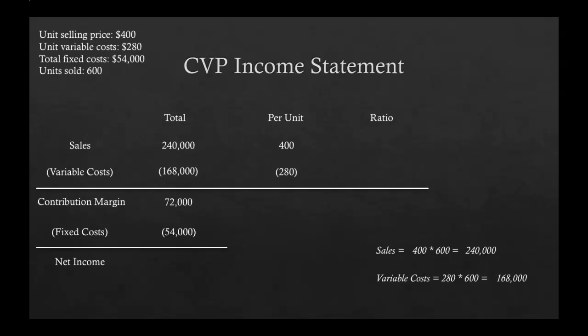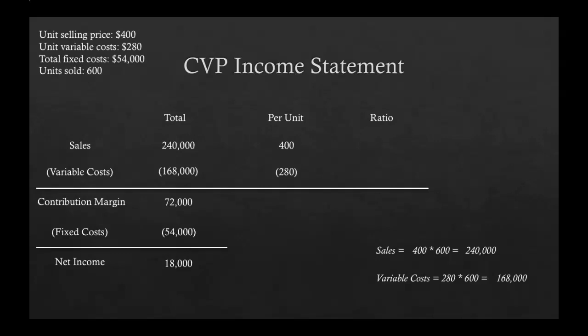Then we can take our contribution margin that we just found and subtract out our fixed amount. So $72,000 minus $54,000 gives you a net income of $18,000. So we've now filled out the total column for our CVP income statement.